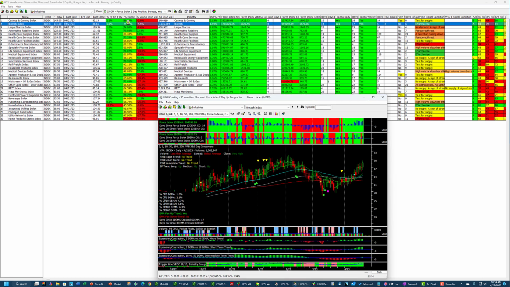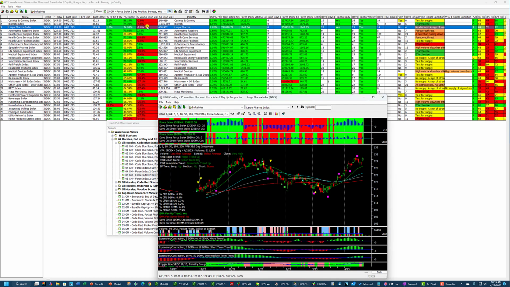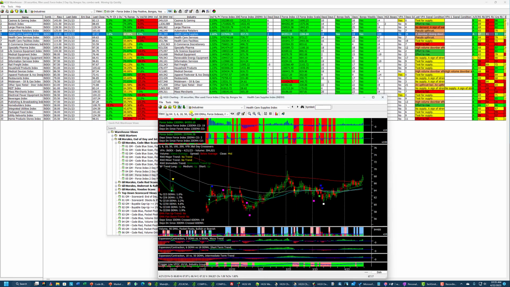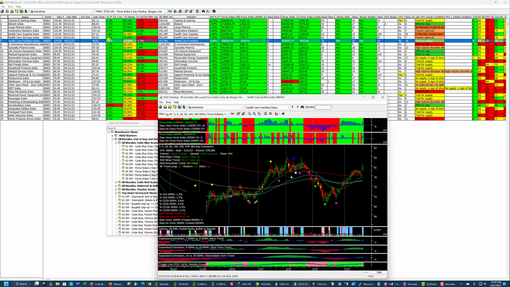So these are the stronger groups. And I'm using number 5. I'll just flip through a few of these. And you can see that the force indexes are positive, and the Bongo weekly and Bongo daily are positive also.